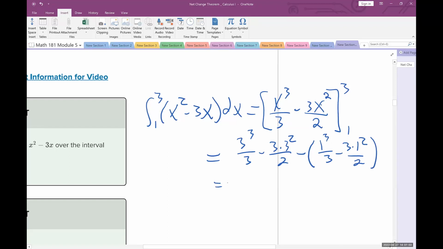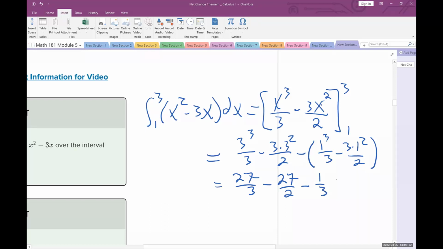We know what 3 cubed is: 27. Good, 27 thirds minus, what's 3 times 3 squared? 27. That's 27 halves. Minus, and then I have 1 cubed, which is 1, so it's 1/3.